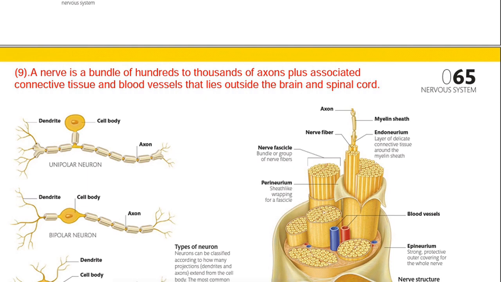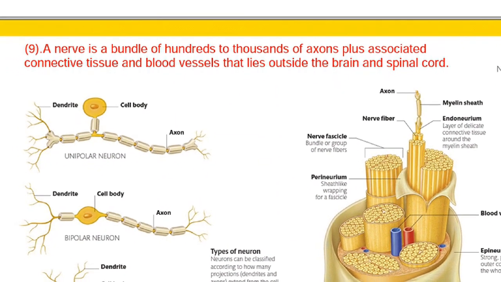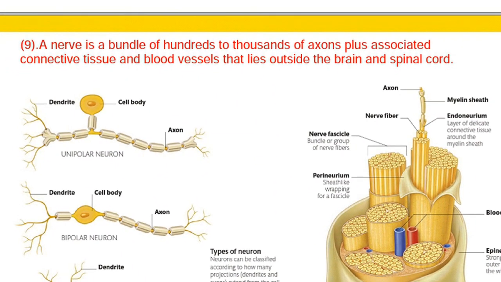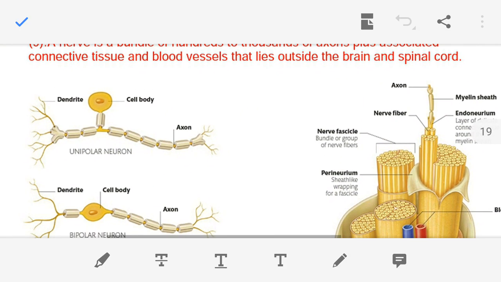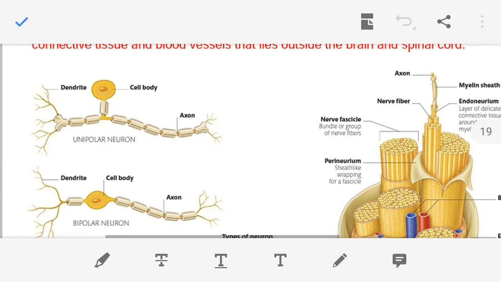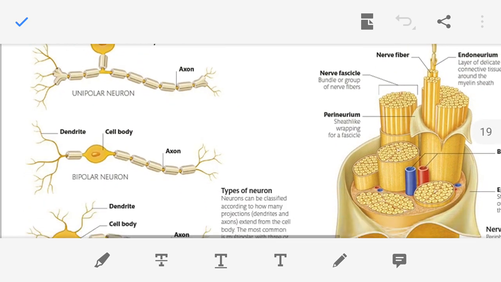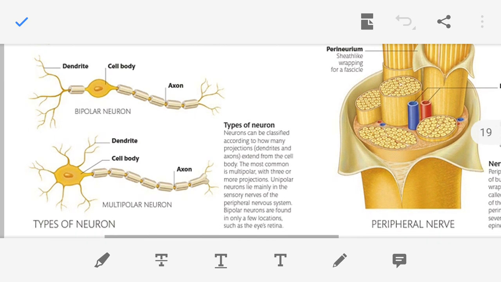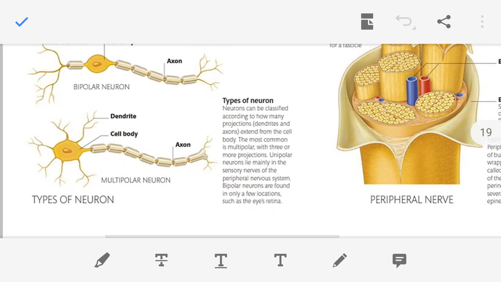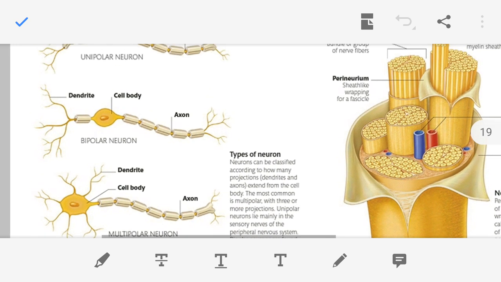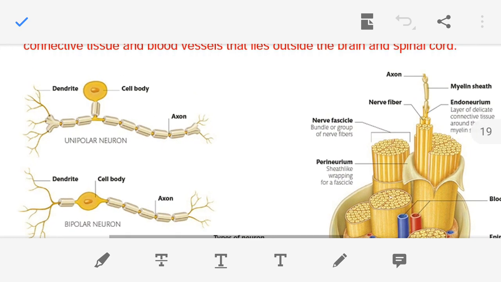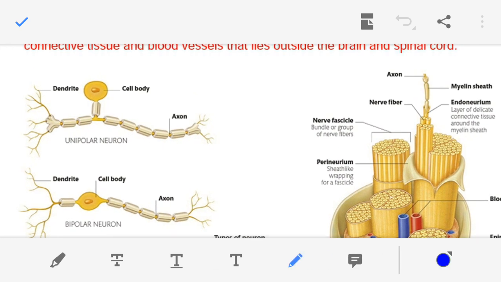Now this is the 9th point, and here we are discussing the nerve. Before we discuss the nerve, I would like to show you various kinds of neuron. I am going to deliver an entire lecture on types of neuron, and before that I will deliver the lecture on the structure of neuron. But today, as far as this lecture is concerned, try to understand this figure.